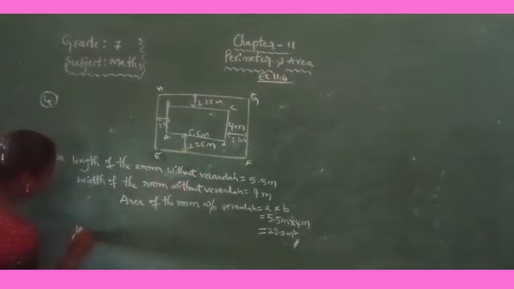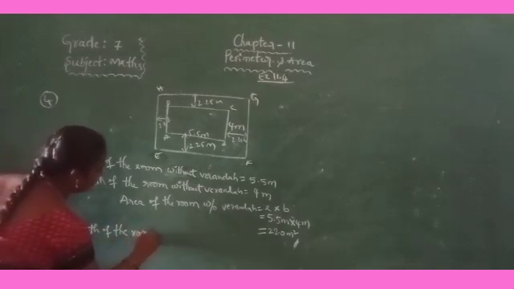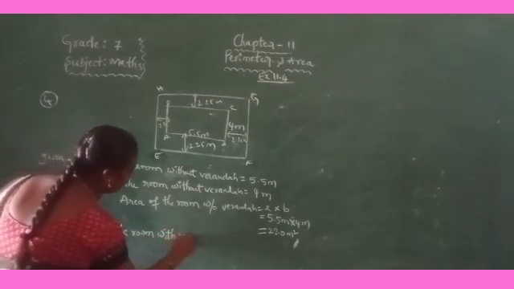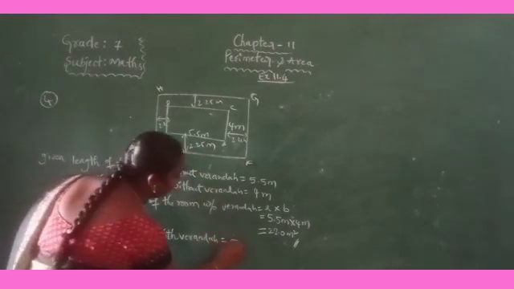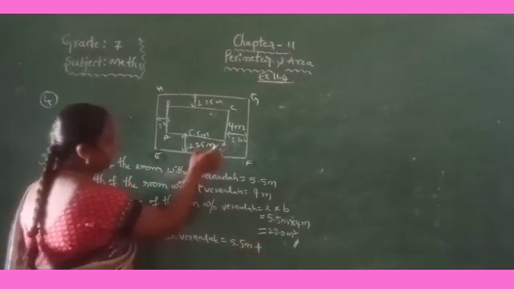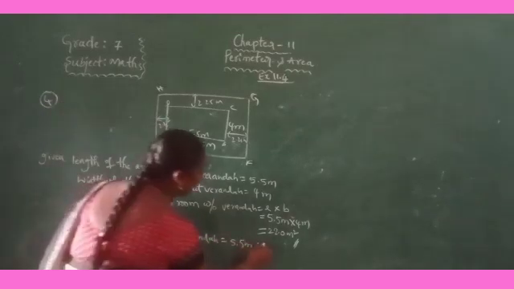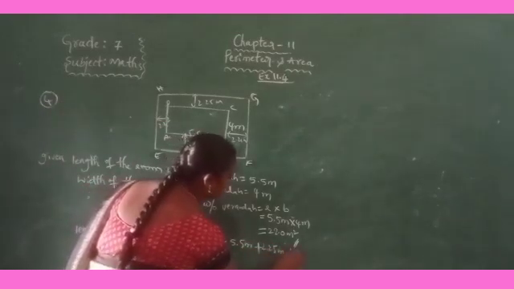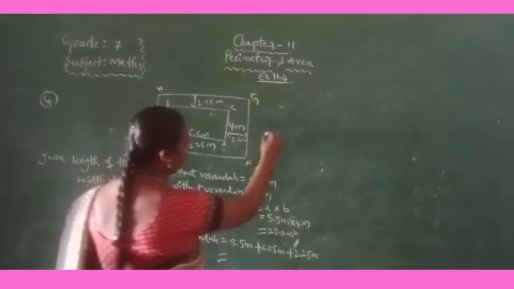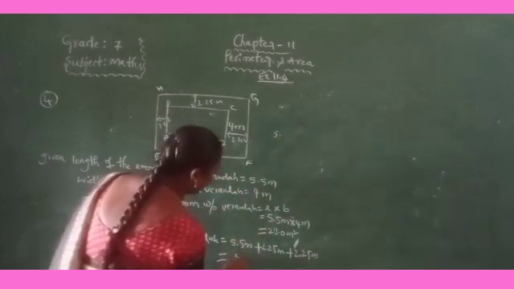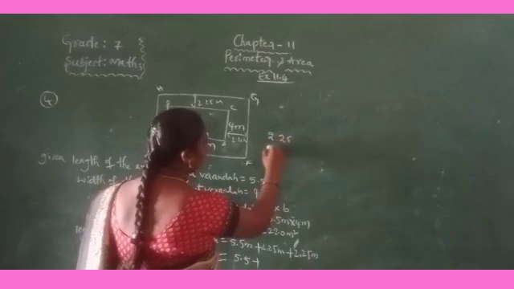Now we have to find the room with veranda. That is the length of the room with veranda. With veranda, the length is 5.5 meters, and each side has built 2.25 meters of veranda. So 5.5 plus 2.25 plus 2.25.